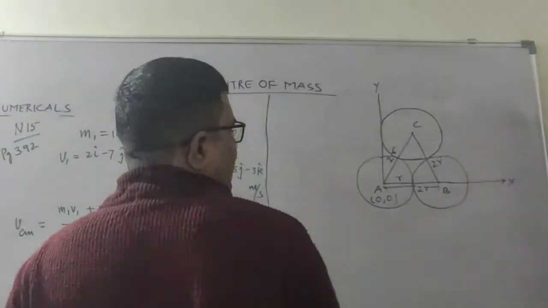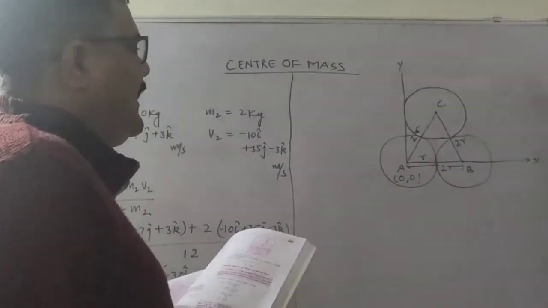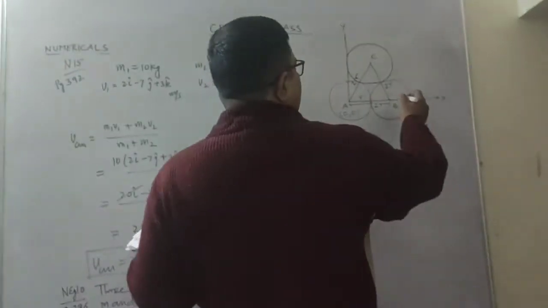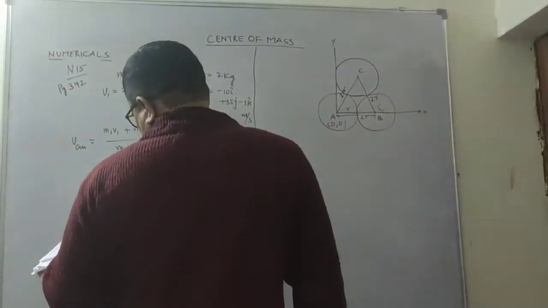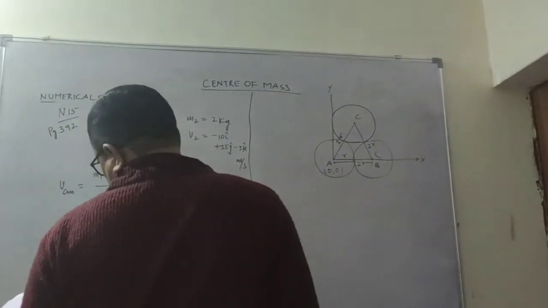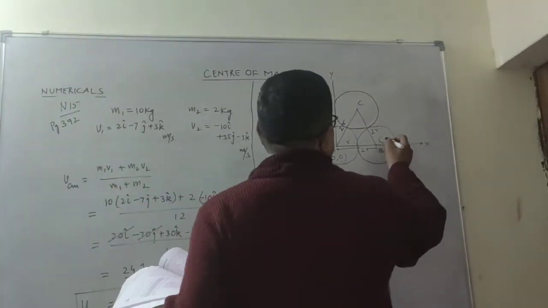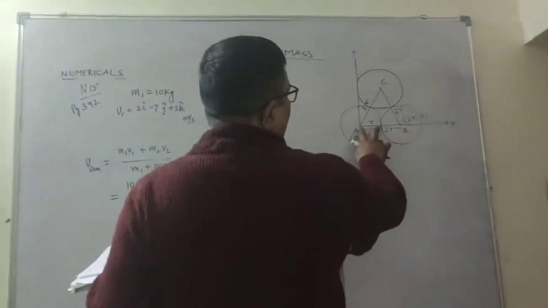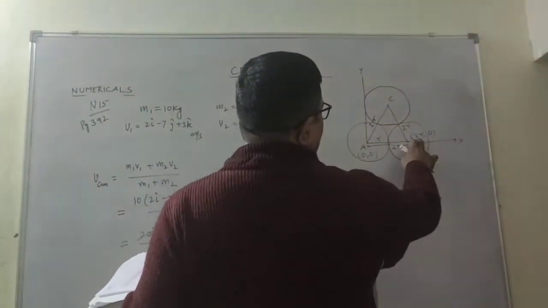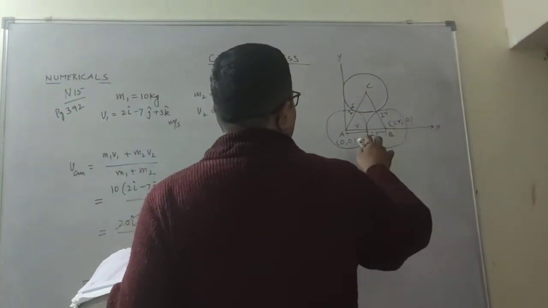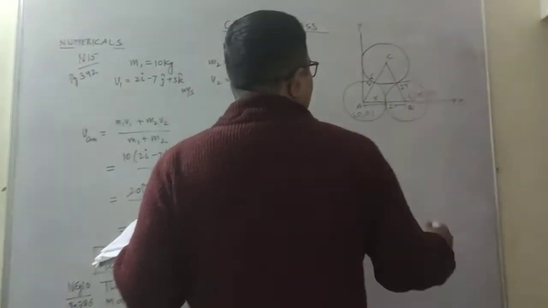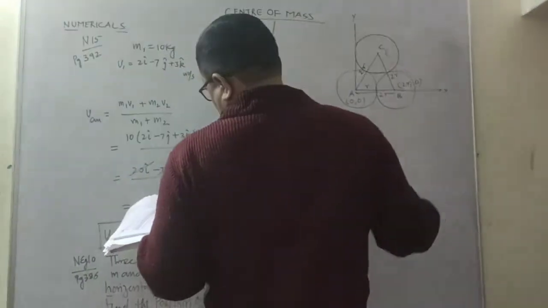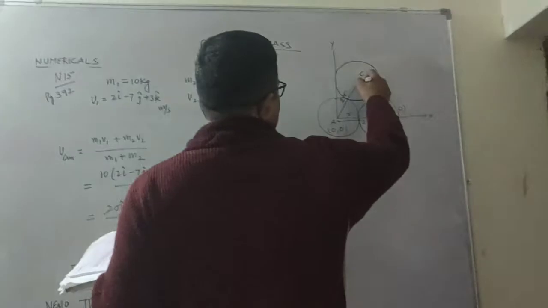Now, because I have considered one at origin, that is 0, 0, what are the coordinates of B? The coordinates of B will be 2r, 0. Why 2r, 0? Along x-axis, we write x first, then write y. r plus r is 2r. What about the coordinates of this?